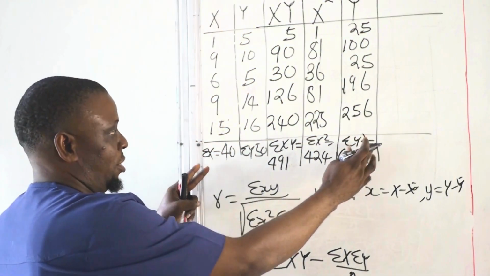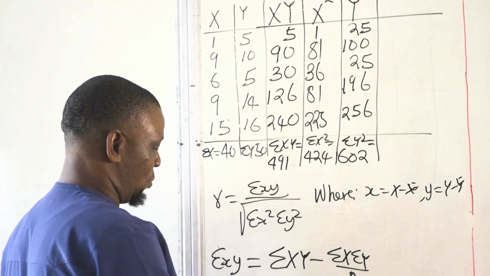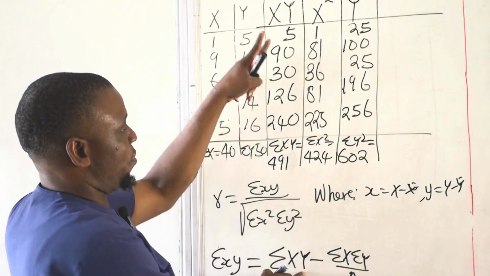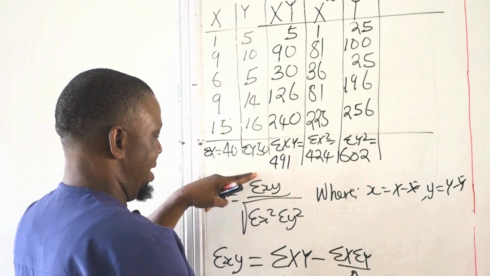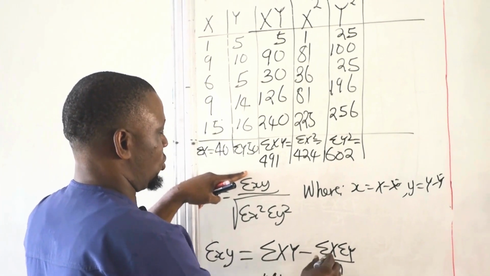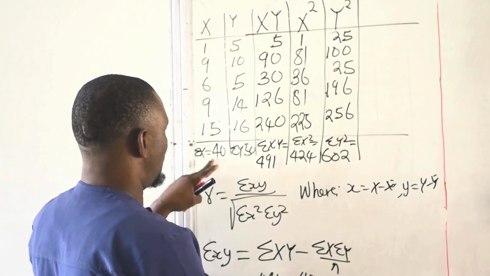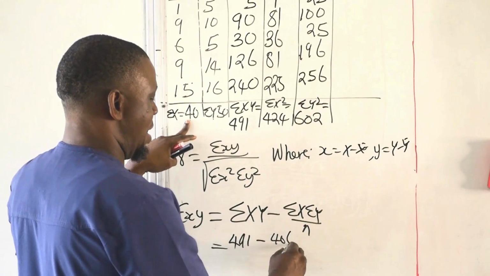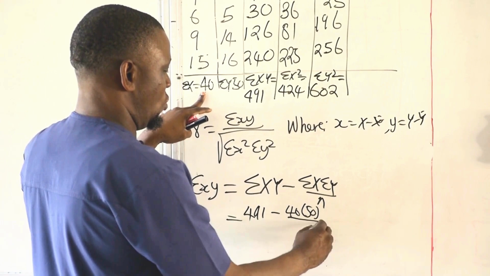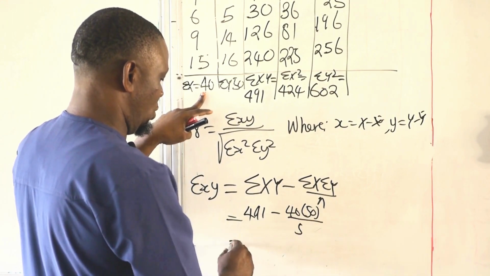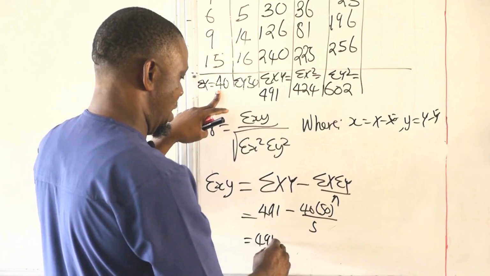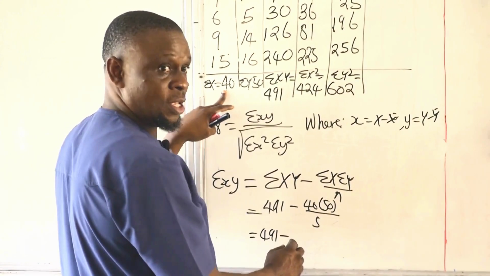So now these values are the ones we're going to apply here. So this will be equal to, our sum of xy is 491 minus summation of x is 40 from what we have here, and summation of y is 50, all over our n is 5. So this will be 491 minus 40 times 50.